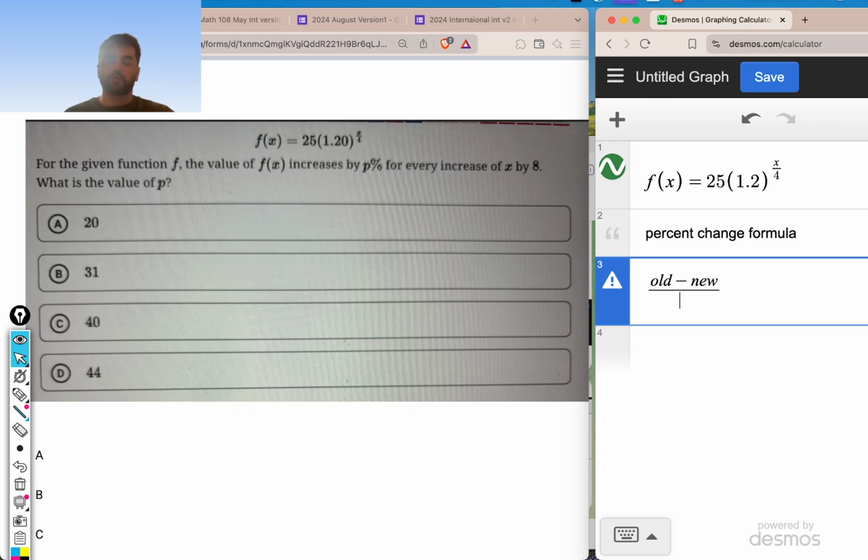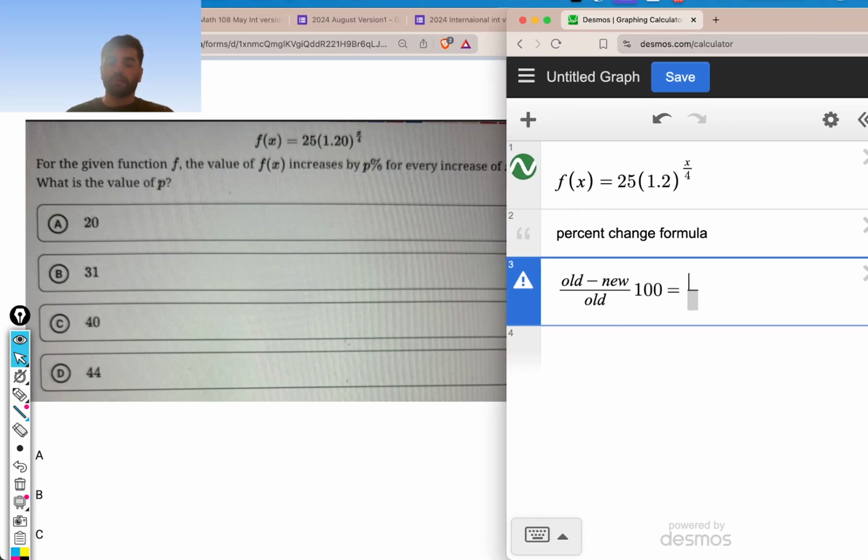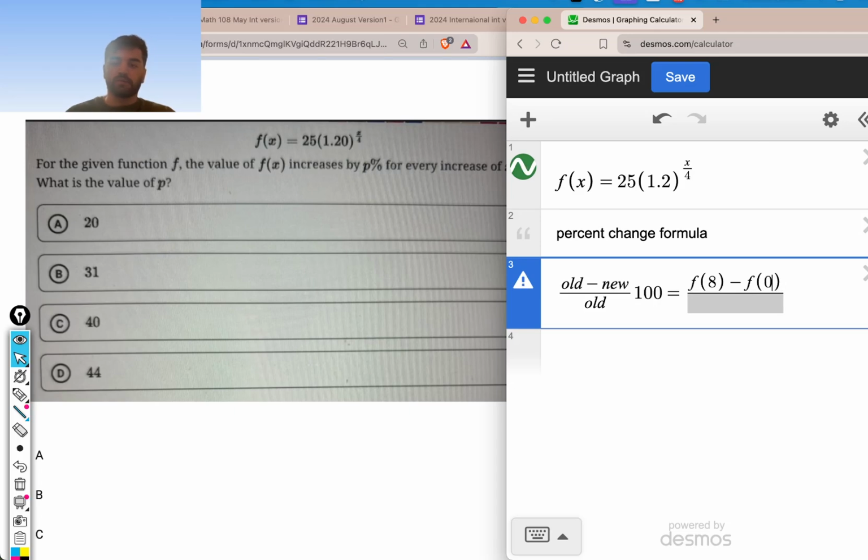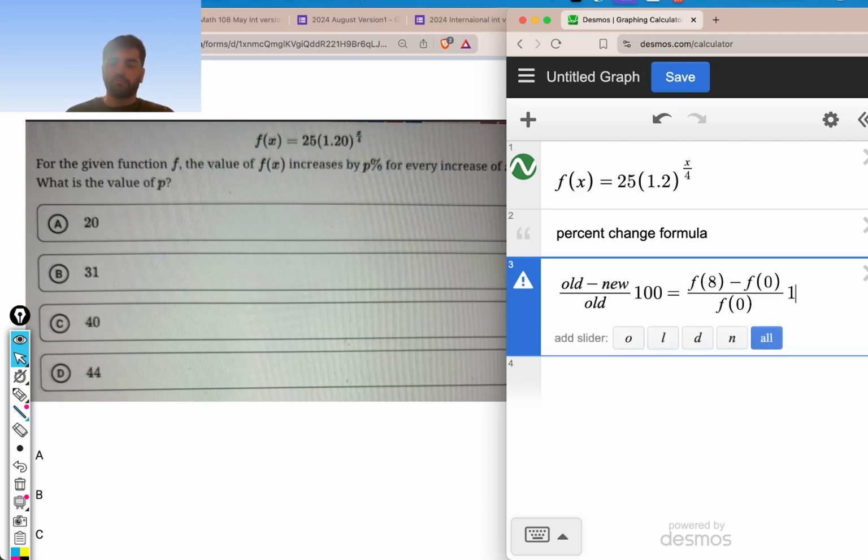You can also memorize it like that: new minus old over old multiplied by 100. It is equal to f of 8 minus f of 0 divided by f of 0 multiplied by 100. Then you will get its value.